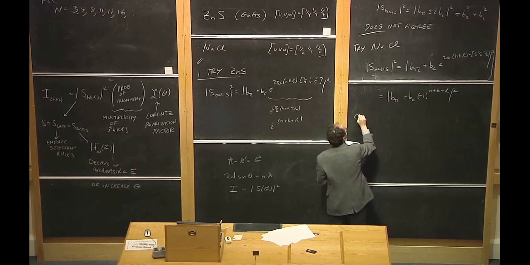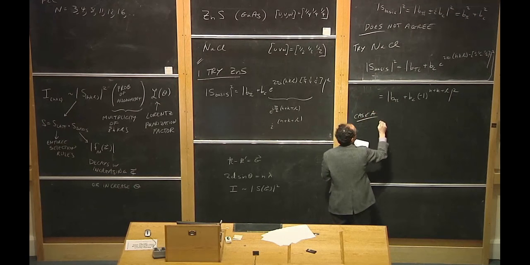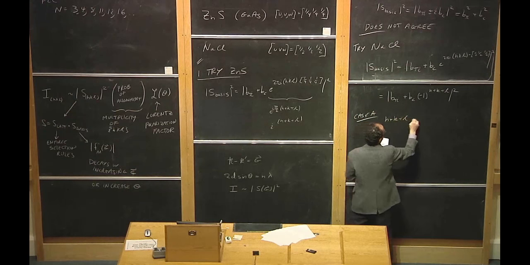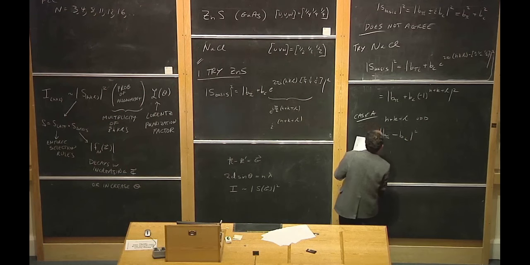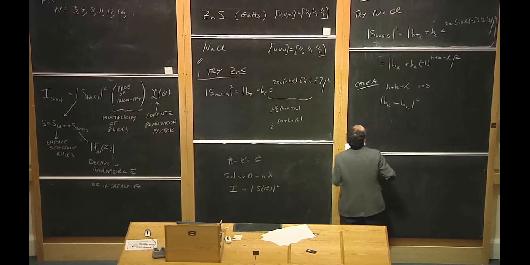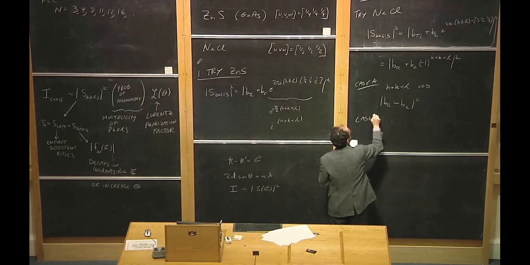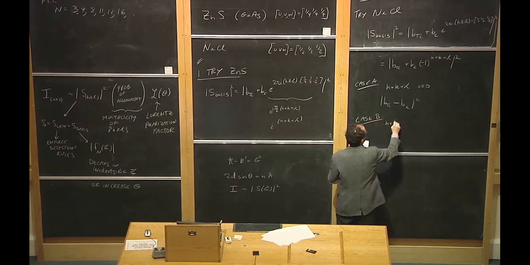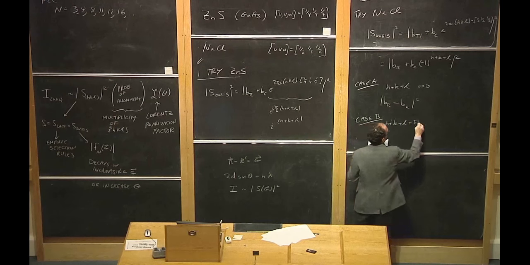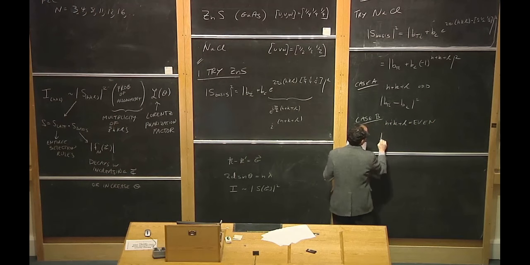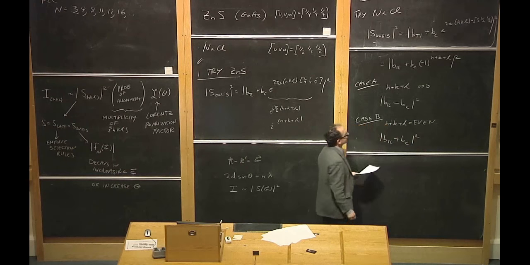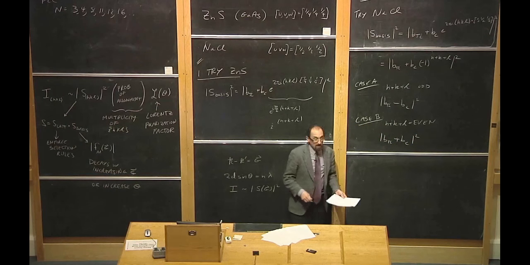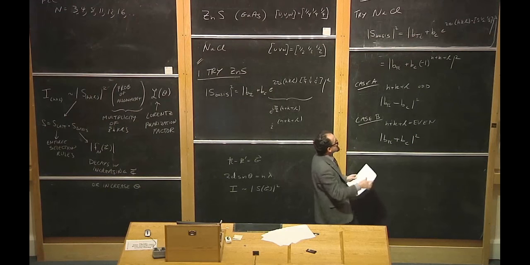Case A is H plus K plus L is odd, in which case we have (B titanium minus B carbon) squared as the answer. Whereas case B is H plus K plus L equals even, in which case we have (B titanium plus B carbon) squared. Okay, so now which one is largest here?